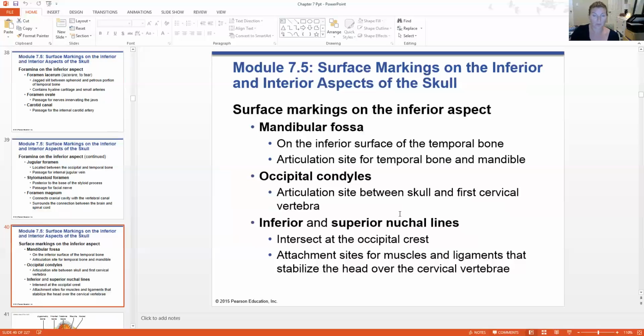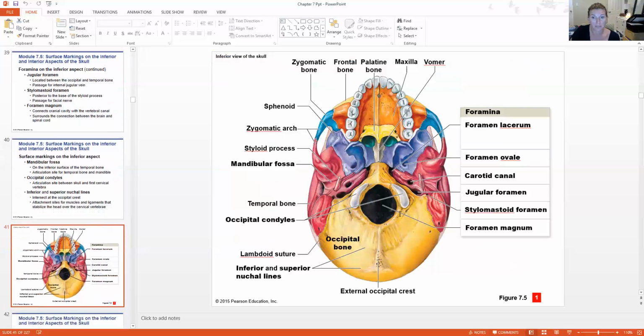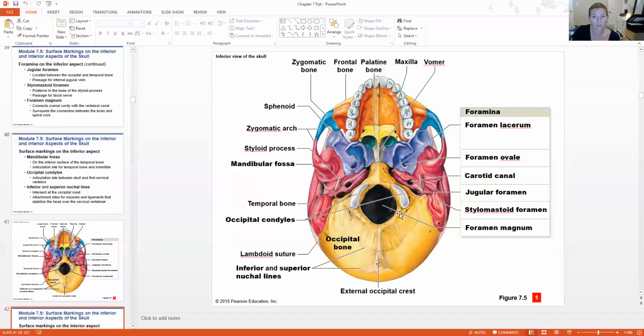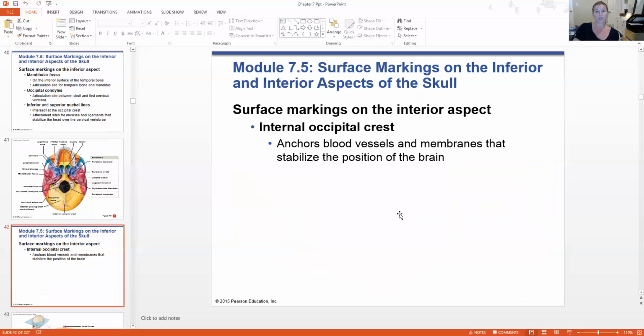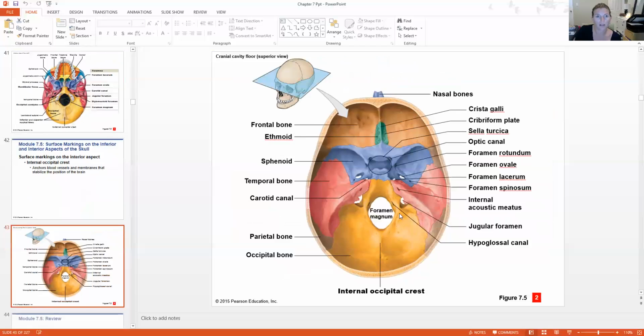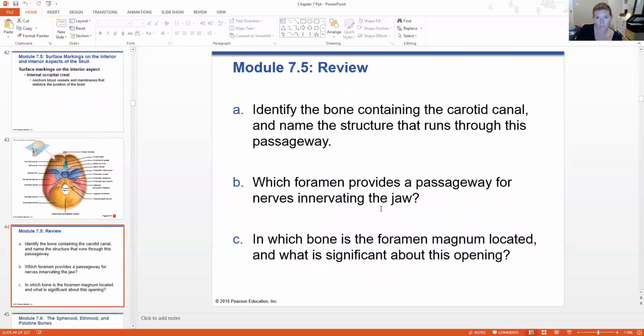They're just attachment sites for muscles and ligaments. So you can see them all here on this inferior view of the skull. You also have the internal occipital crest anchoring blood vessels and membranes, stabilizing the brain. Right here, the foramen magnum. And you can pause the video, go back and answer questions.